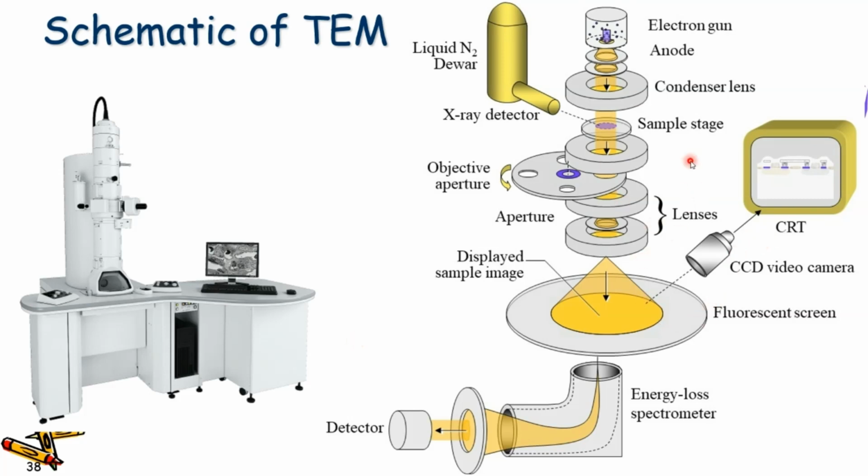The sample sits in the middle of the electron beam, so the electron beam will penetrate through the sample or specimen and then reach the detector. You collect the information from the detector by CCD or whatever, and you get the information. So you see the image. Okay, this is how it looks.